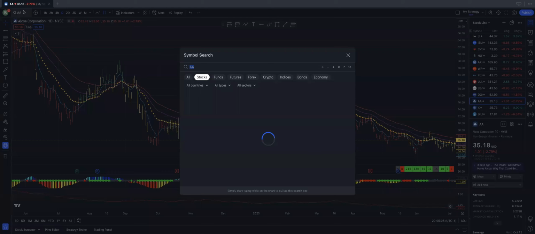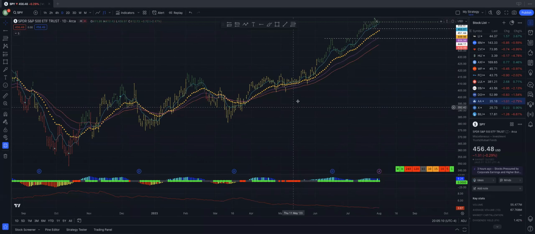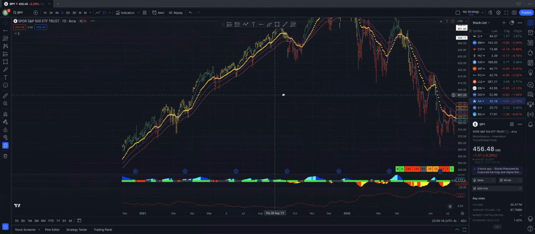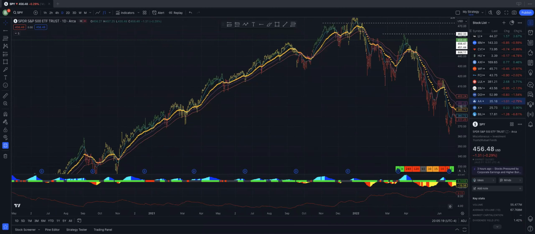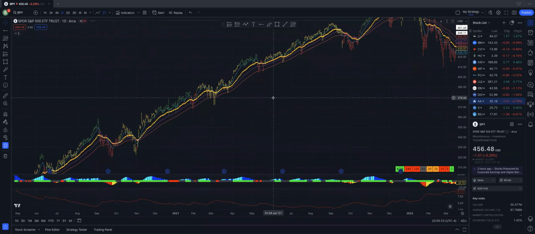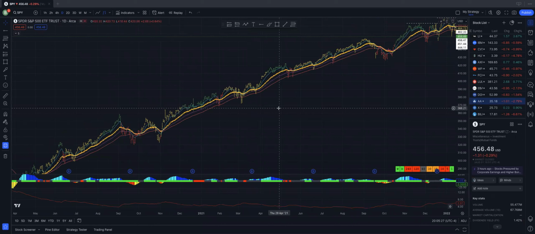Like, for example, if we go to look at SPY, you can see this bottom red one here. Back in 2020, I decided to use the 50 moving average when I saw that over and over again, we continued to bounce at the 50 EMA.